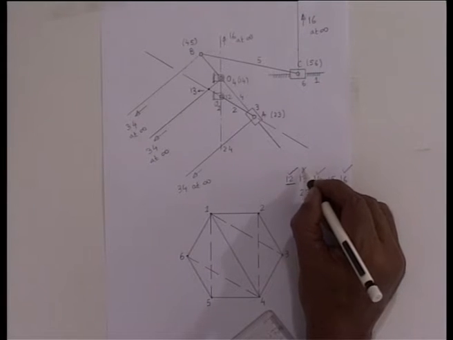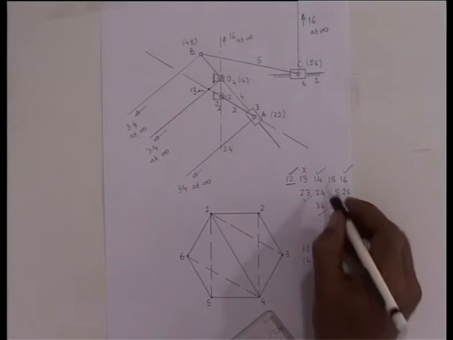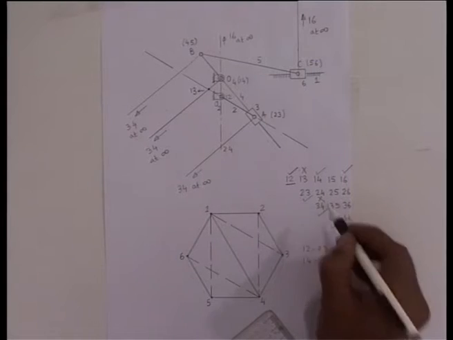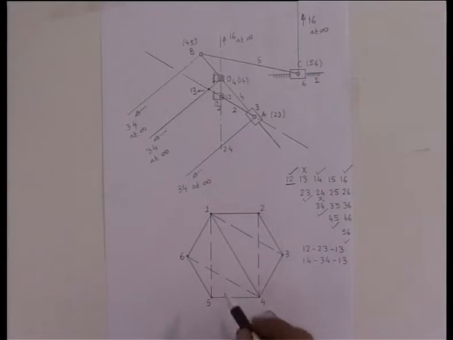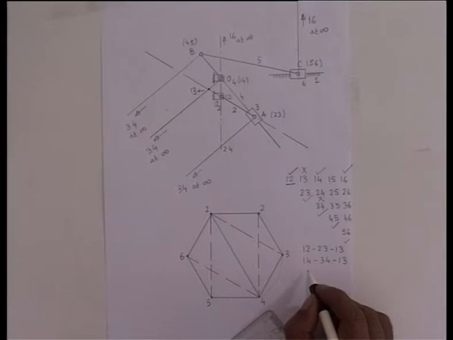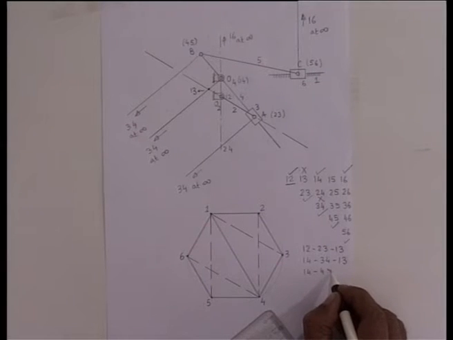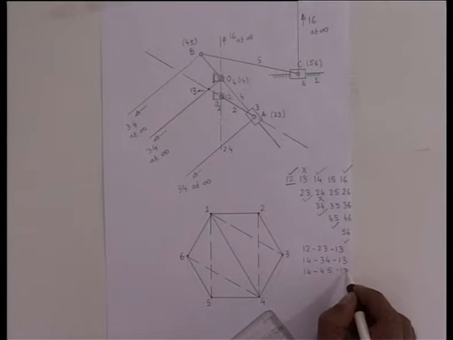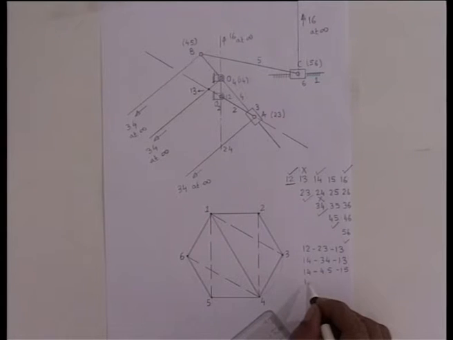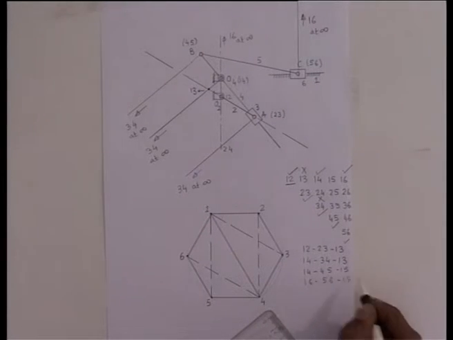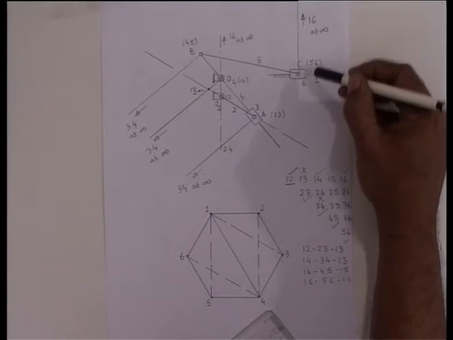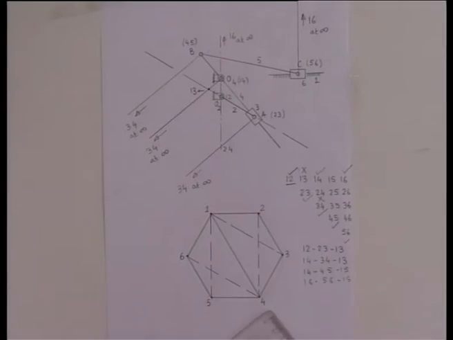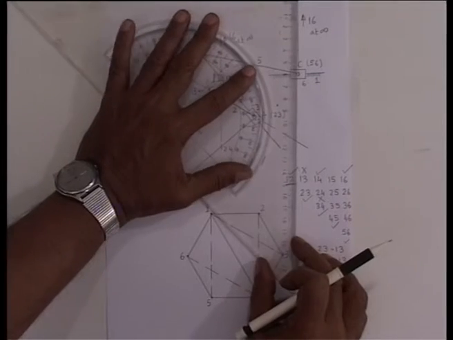In the second step, I have determined 1 3 and 2 4, and in this step I can consider 1 4 and 4 5 and 1 5 are on one line. 1 4, 4 5, 1 5 is on one line, and also 1 6, 5 6 and 1 5 on one line. As we see, this is 5 6 and 1 6 is on the vertical line. So, 1 5 must lie on this line.